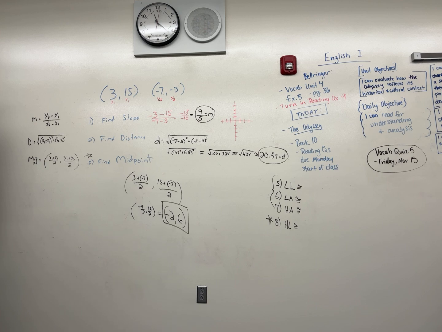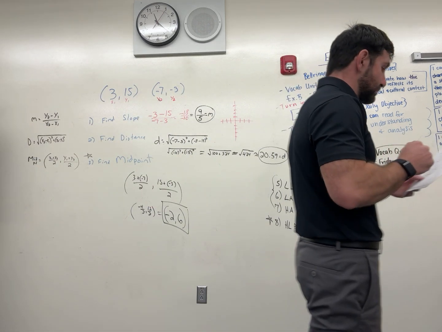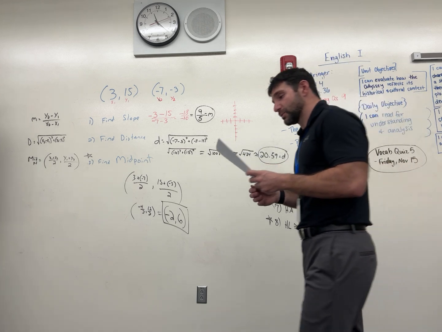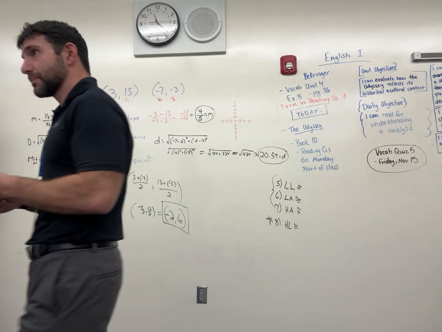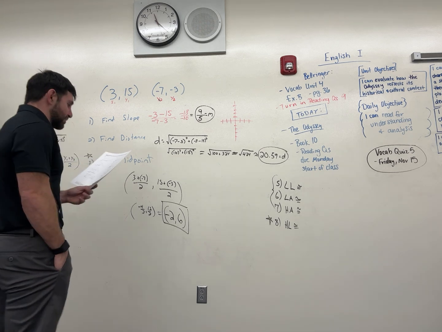Okay. Number 11, for it to be hypotenuse leg, one of these 2 things needs to happen. Segment DE needs to be congruent to segment VW, or segment FD needs to be congruent to segment XV. Number 12, segment CA has to be congruent to segment XV.